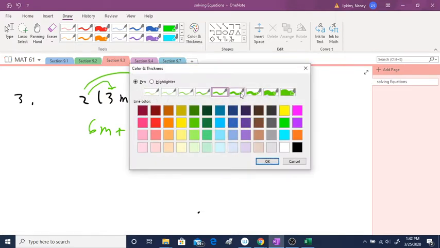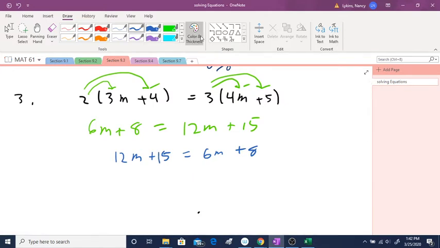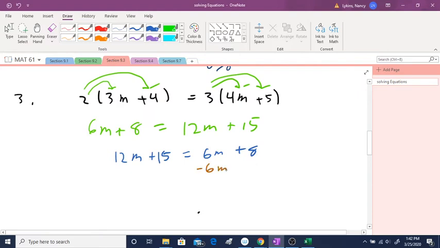Now, in this case, the 12 is the bigger number that's attached to a variable. So I'm going to switch this equation around. Now I'm going to make this 12m plus 15 equals 6m plus 8. Since the 12 is the biggest, I'm going to subtract 6m from both sides.